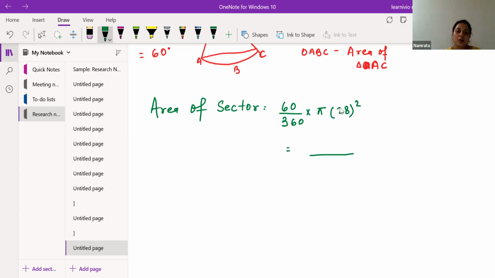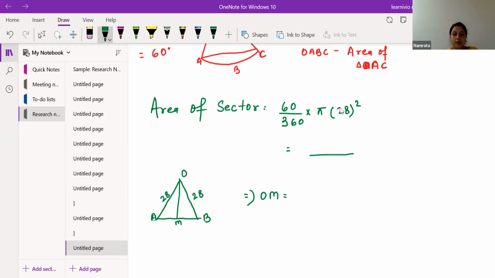Okay. Now let's focus on the area of the triangle. OAB. This is 28. This is 28. If we drop a perpendicular OM, then we have to find OM here.